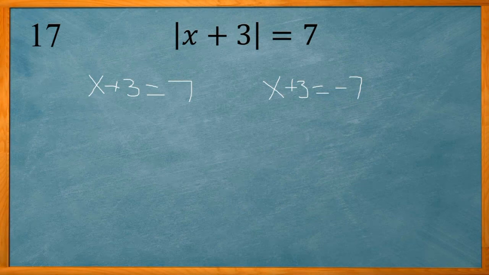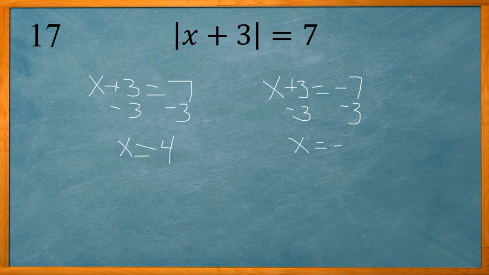If this equaled +7 or this equaled -7, it would work out. So if I subtract 3 from both sides here, that gives me x equals 4. If I subtract 3 from both sides here, x would equal -10.